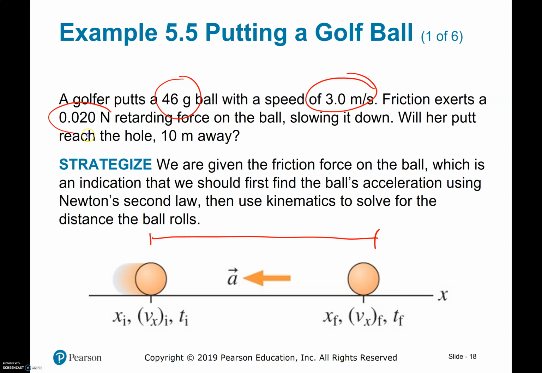There is a small friction of 0.02 newtons acting on the ball, and we want to know if the ball is going to go 10 meters. So basically we need to find this final position.